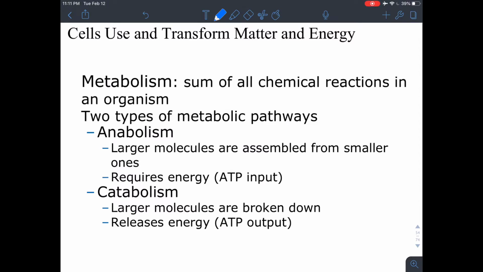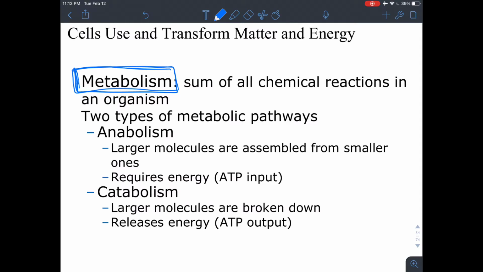Okay, so let's talk then about how we transform matter and energy. So the body, we're going to look at a term here. I'm going to highlight it for you, called metabolism. So this is the idea that we either collect or burn energy, and the net sum of those collections of energy or burnt energy is called metabolism.